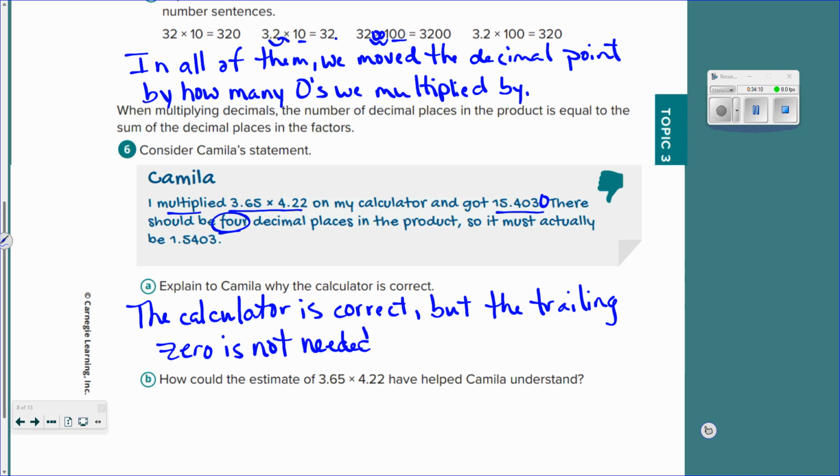The calculator drops it. If I didn't need that 0, the calculator doesn't display it, even though it's technically there. And if you think about it, when I multiply, that 2 times 5 is going to give me a 10, and then all the trailing places will have zeros as well.